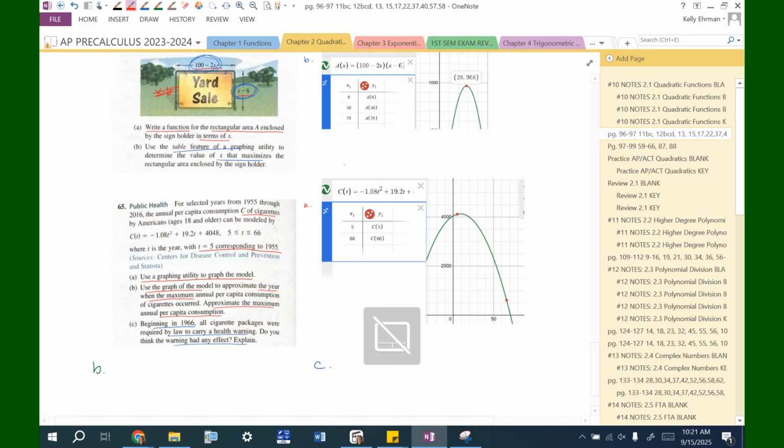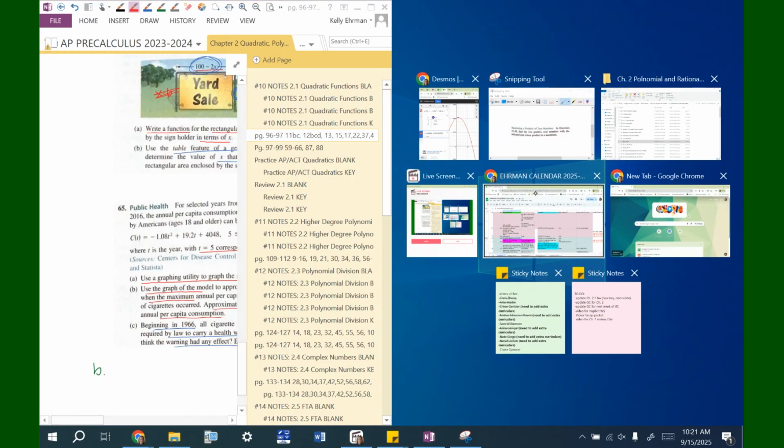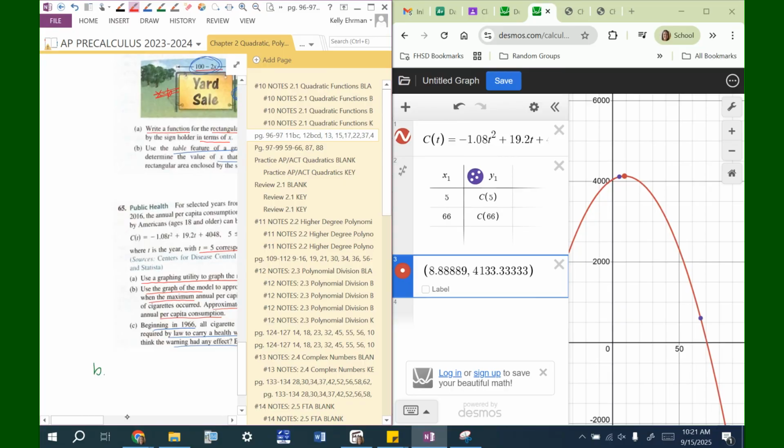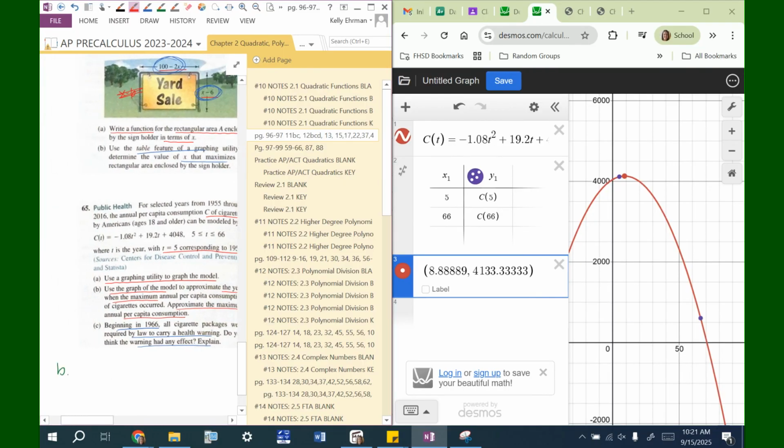So let's see. All right, so I'm going to write this down. 5 is 1955. So 8 would be during 1958, max consumption was about 4133.333.